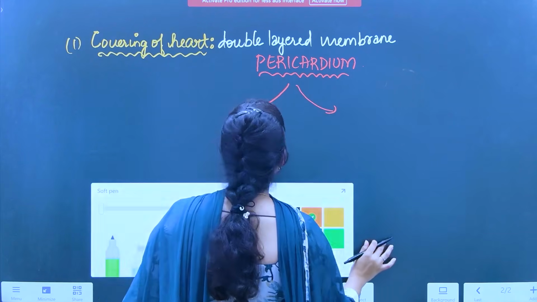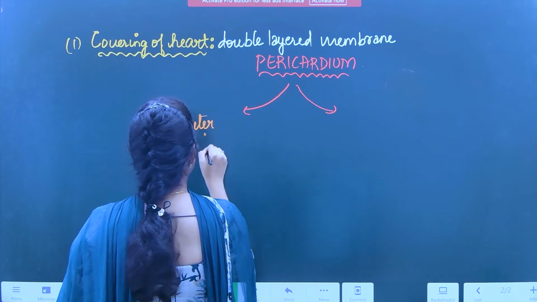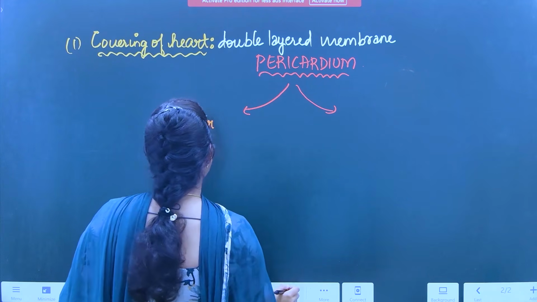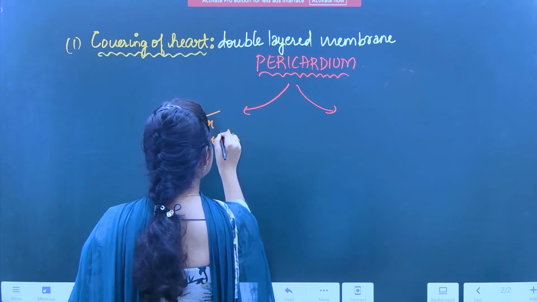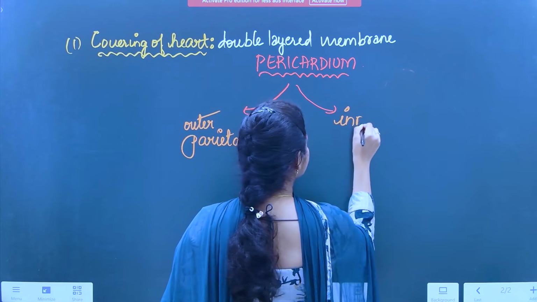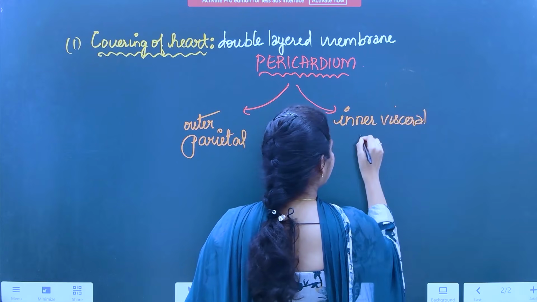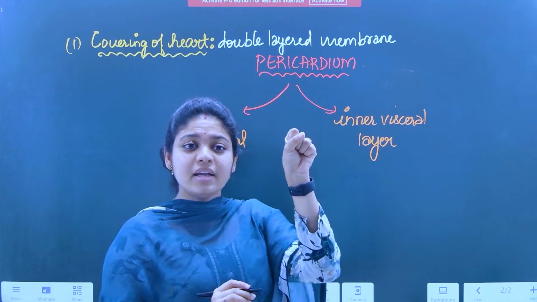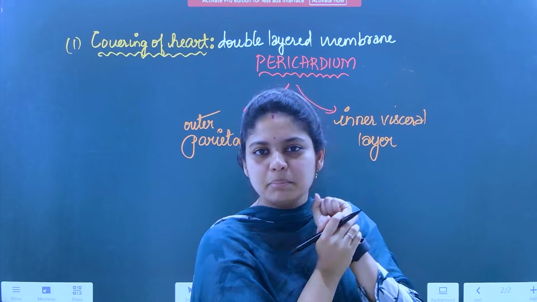What are the two layers of pericardium? The heart is covered by a double layered membrane.